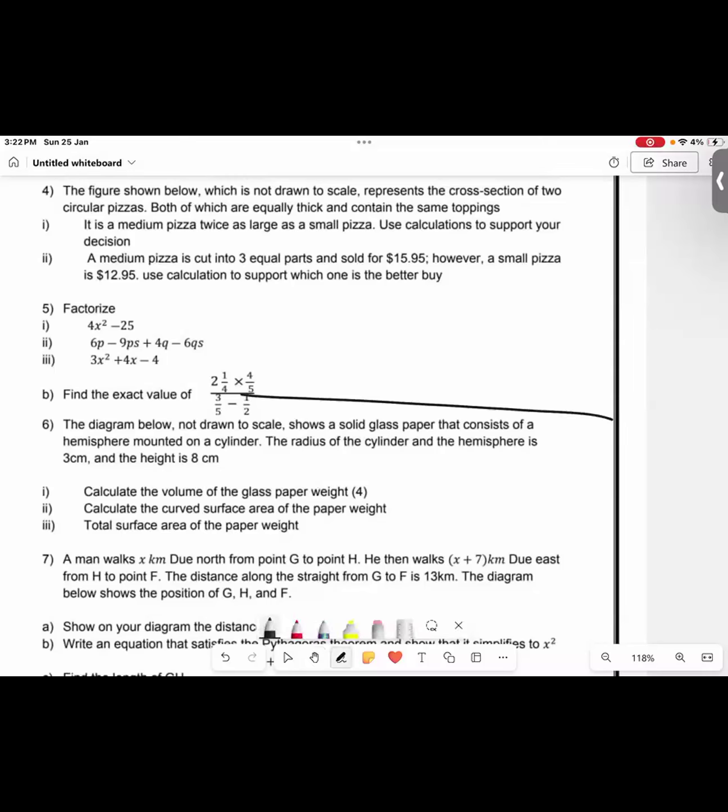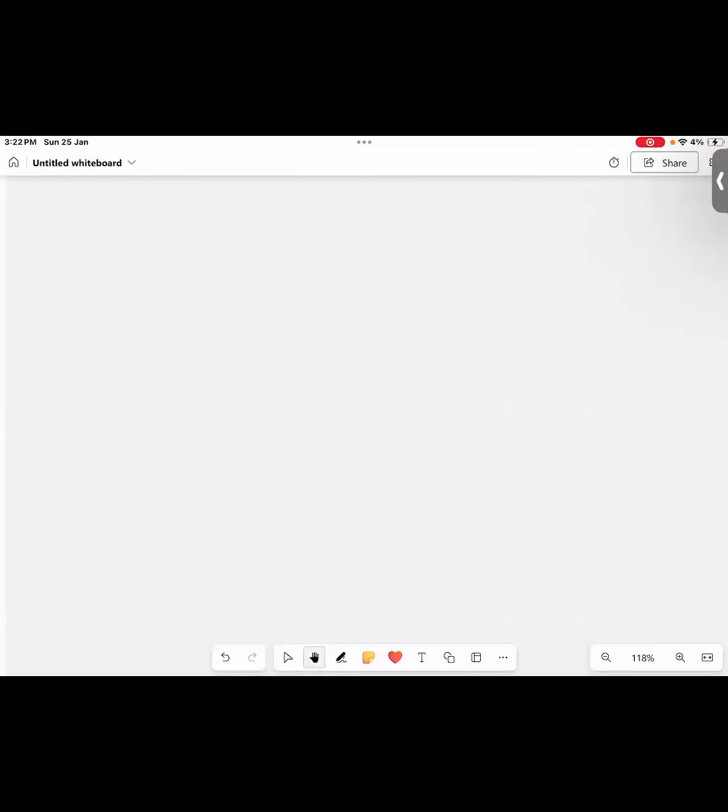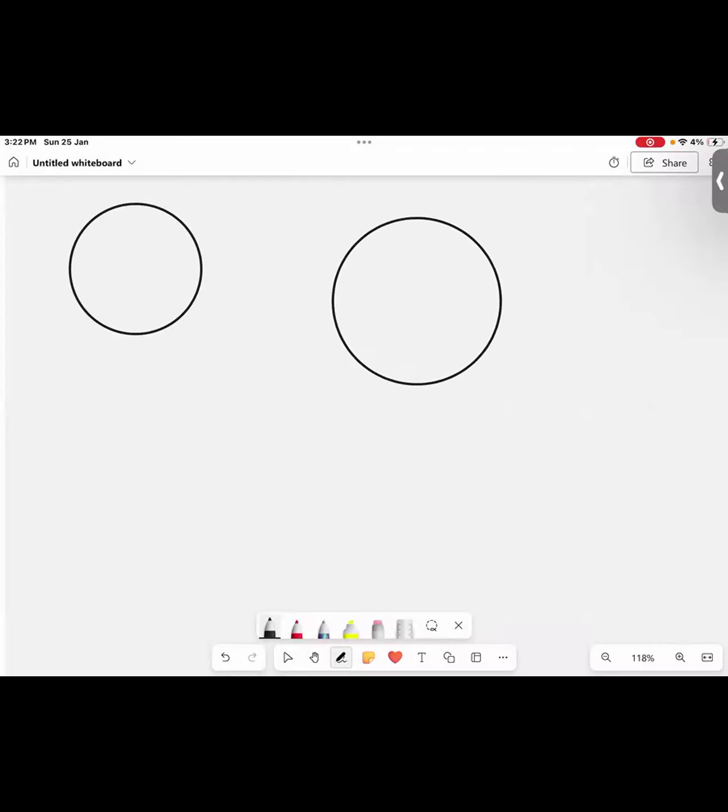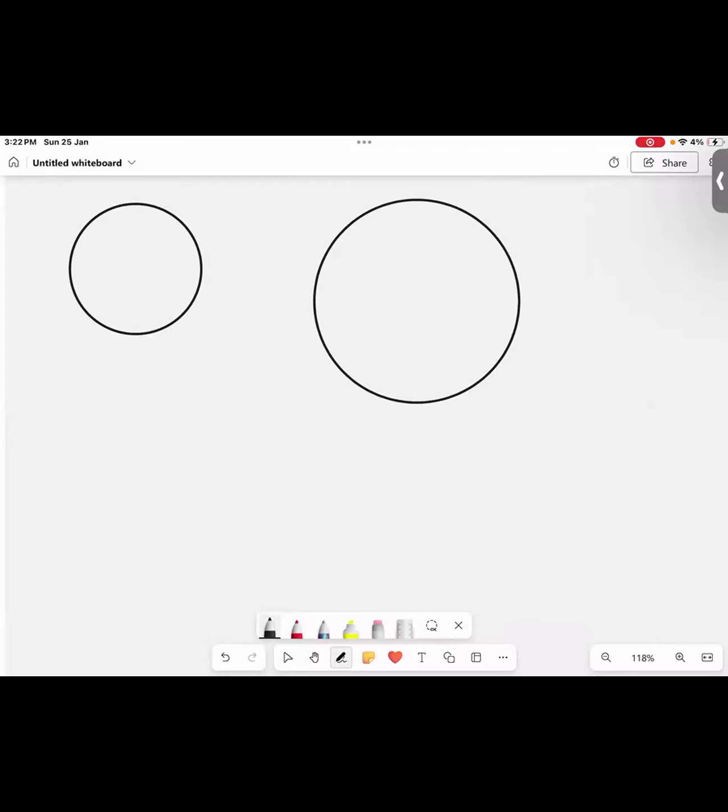Now, here's the diagram that was drawn for the students that matches that question. So what was on the exam paper was this. There was a circle here, which they say represents a pizza, and it was a slightly bigger one, like that. So there were 2 sizes of pizza. One of the pizzas had a diameter of 15, and the other pizza had a diameter of 30.